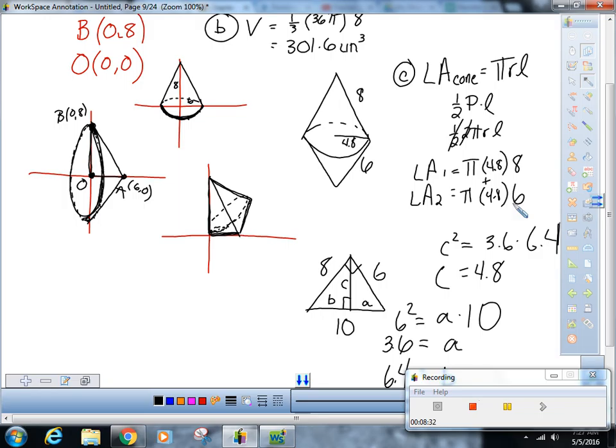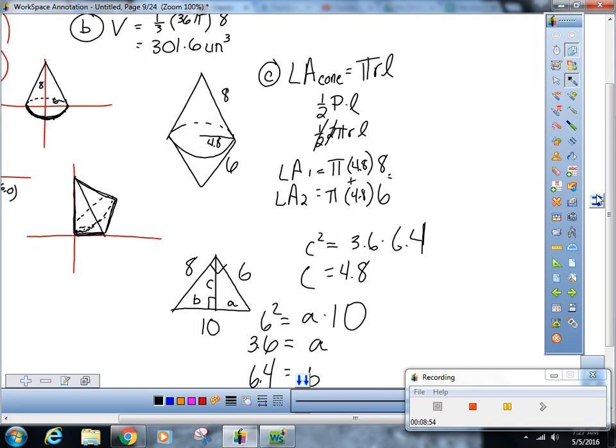Oh, they want volume and surface area. The surface area is 211.1 square units.